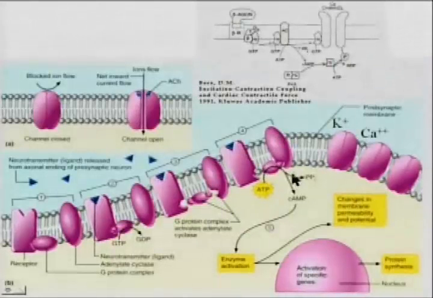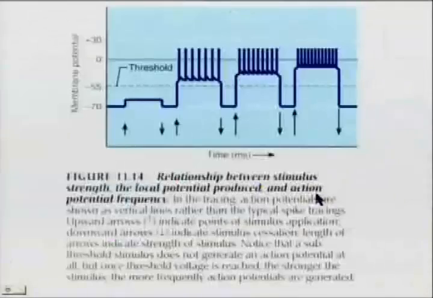And again, activate the adenylate cyclase, and you get the pyrophosphate and the cyclic AMP activating enzymes that can target gene expression and impact protein synthesis at the nucleus, and have a divergent pathway for changes in membrane permeability and potential, possibly targeting potassium and calcium ion channels, as we have discussed throughout.